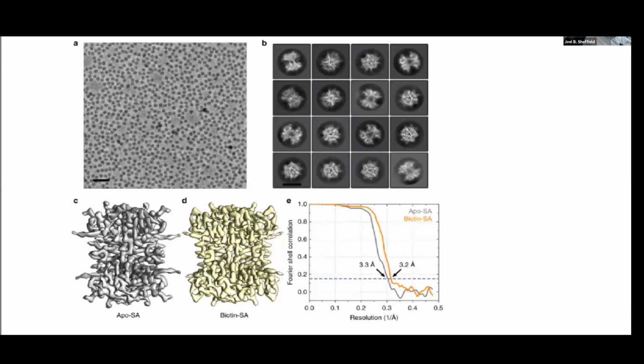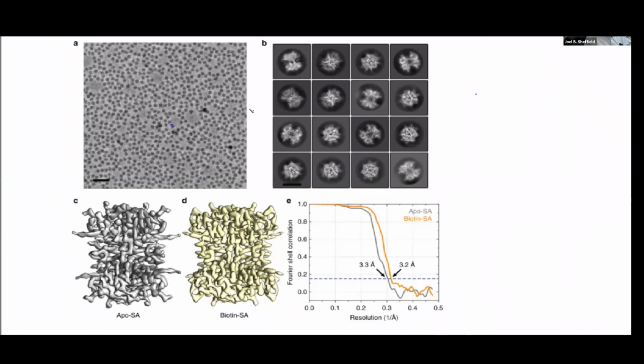So what I thought I would do, just for the next couple of minutes, is show you some examples of what people have been doing now with this process, okay? So this is an example where the molecule that they're binding is streptavidin.